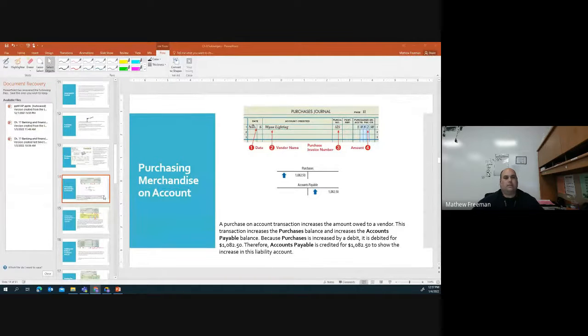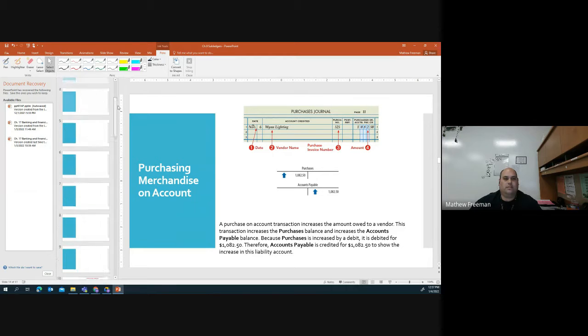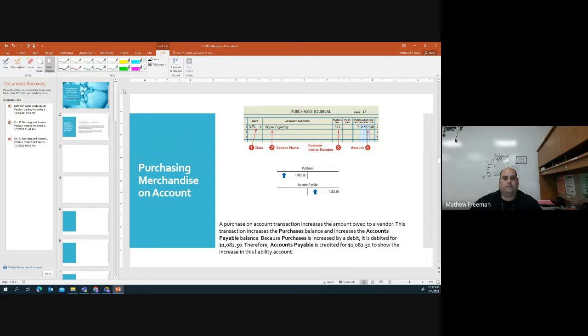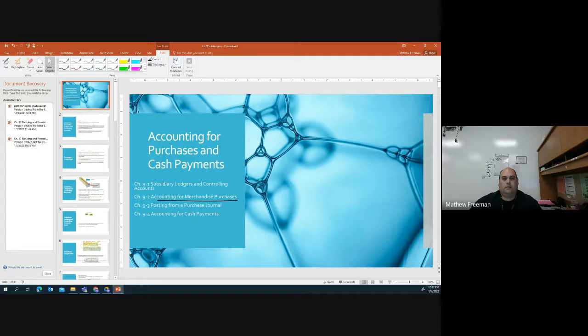So that is chapter 9, section 2, which is referring to purchases and how to record them on the accounts of merchandise purchases.